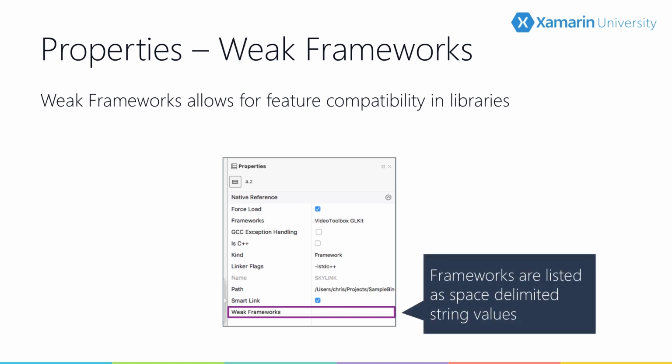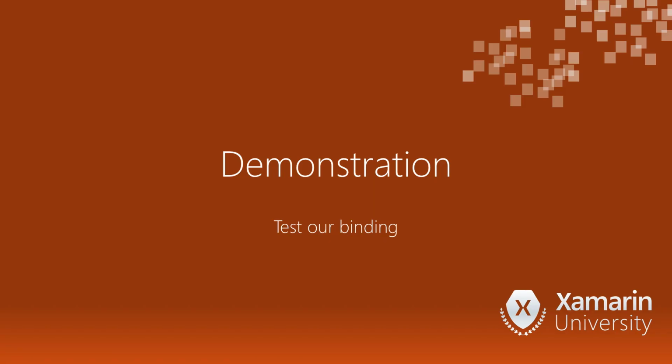These frameworks are specified using a space-delimited string. If you are updating your own frameworks, you should consider making your new symbols weakly linked. Doing so can make it easier for clients of your framework to support it. And you should also make sure that your own code checks for the existence of weakly linked symbols before using them. Up to this point, we really have the bare bones in our binding project.